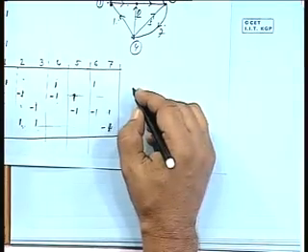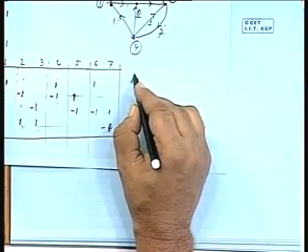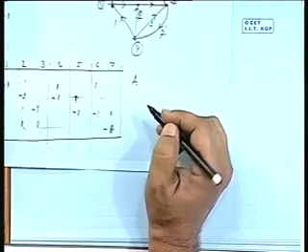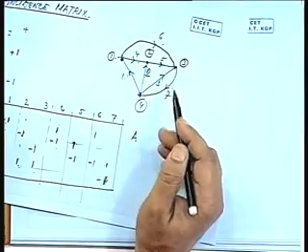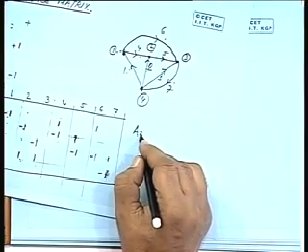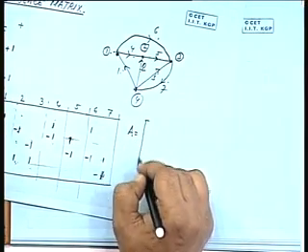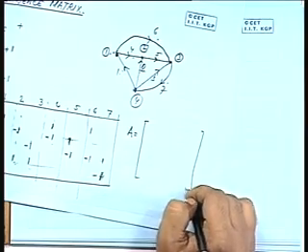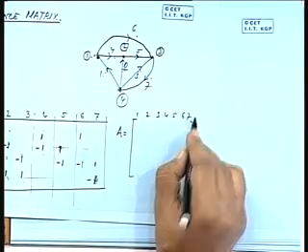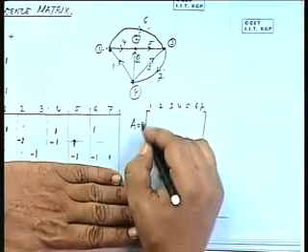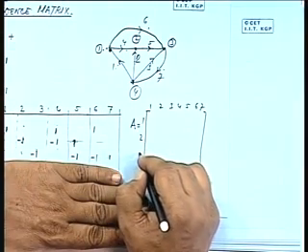Hence we define another matrix A, where any of the nodes is taken out as a reference. I can choose number 4 as the reference or number 1 as the reference, any one of them. So if I remove that, then this matrix will have columns 1, 2, 3, 4, 5, 6, 7, but on this side you will have only 3 nodes.